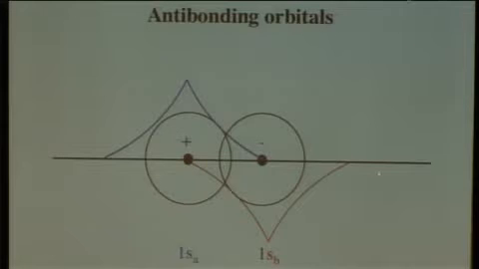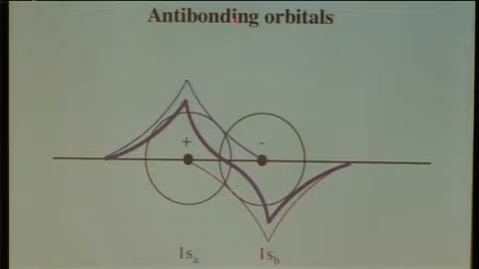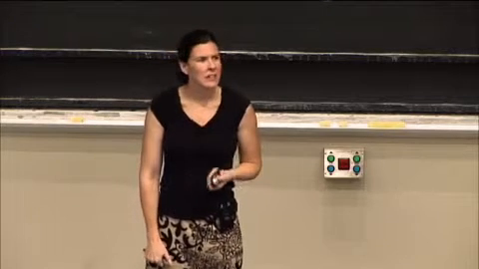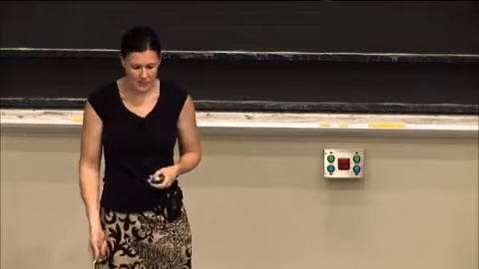So that should make it very easy to picture that this is being canceled out in the middle. If we overlay what the actual molecular orbital is on top of it, what you see is that in the center you end up canceling out the wave function entirely. So this is the sigma 1s star orbital, and what you have in the center here is a node right in the center between the two nuclei.